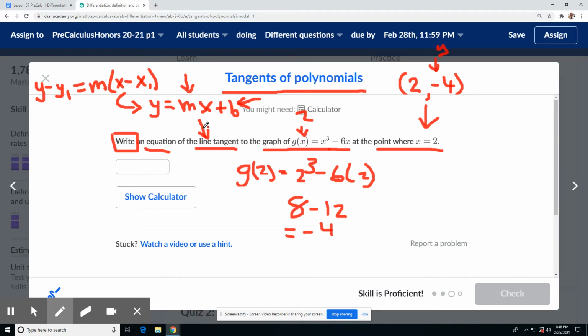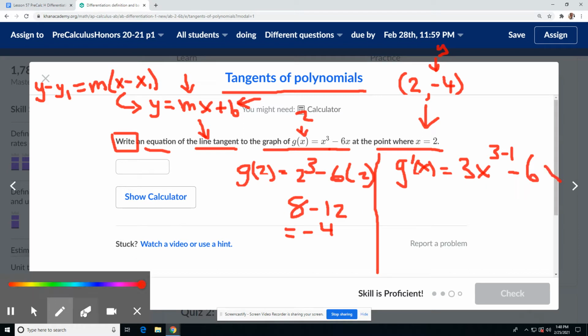So the next thing we need is slope. How do we find slope? Derivative. Derivative gives us the instantaneous slope at any point. So we need to find the derivative now. So we'd say g prime of x is equal to, and we apply our derivative to each term. So that would be 3x to the 3 minus 1, minus 6 times 1.